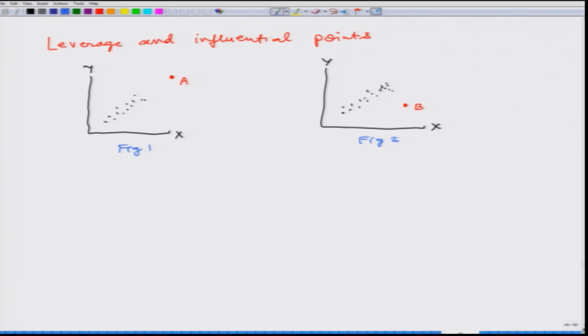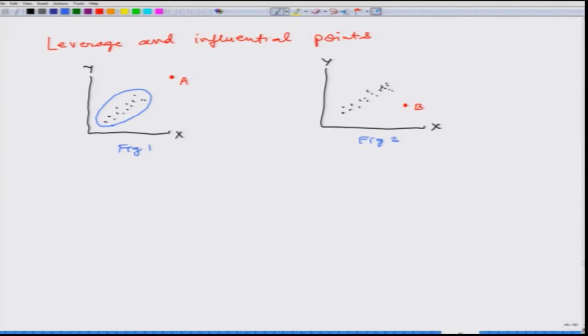In figure number 1, there is a point A which is lying quite far away from the remaining points. Most of the sample observations are scattered somewhere here, and this point is lying quite far away.